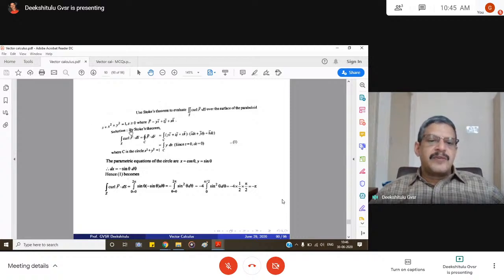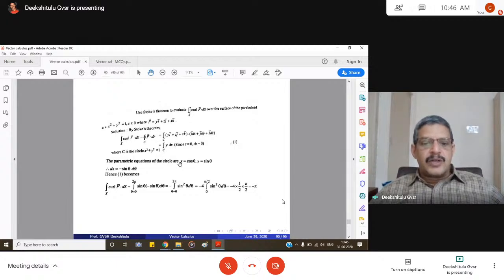This curve is only x square plus y square is equal to 1 and z greater than or equal to 0. So x square plus y square is equal to 1 means we are in the xy plane. So z becomes 0, we have z is equal to 0 and dz is equal to 0. Then this becomes simply y dx. And we are in the xy plane, so the curve is a circle.